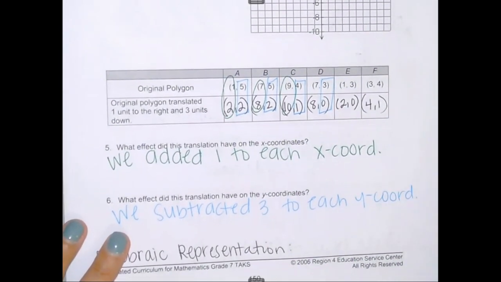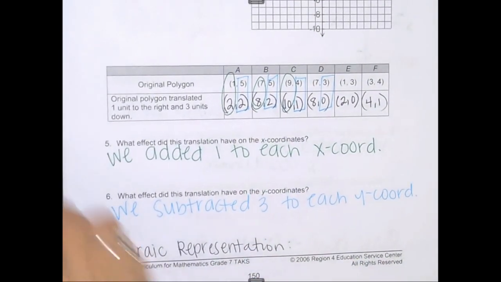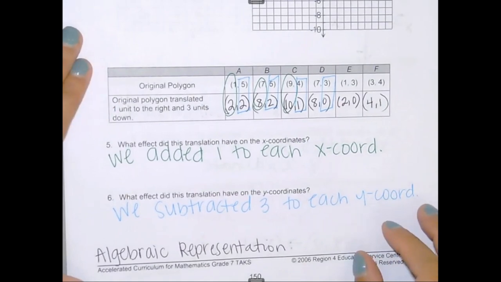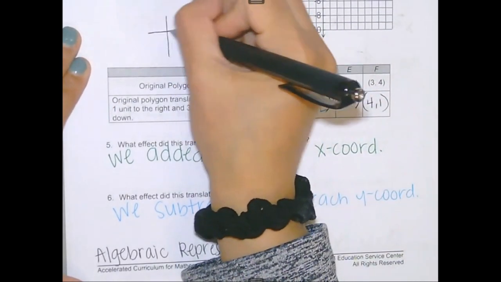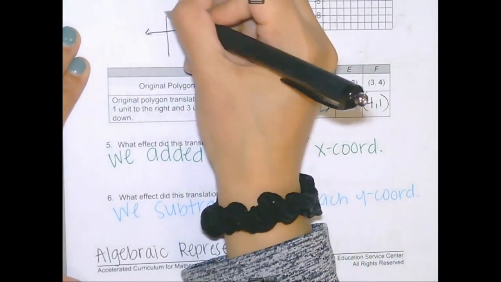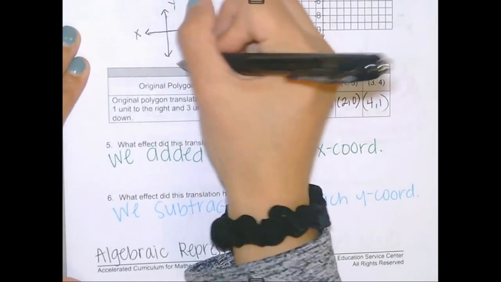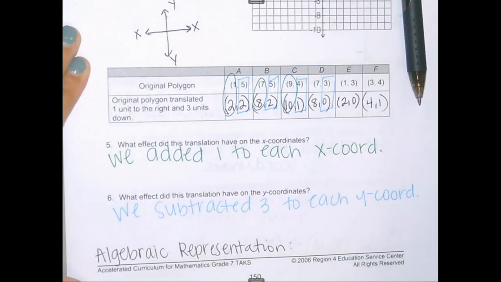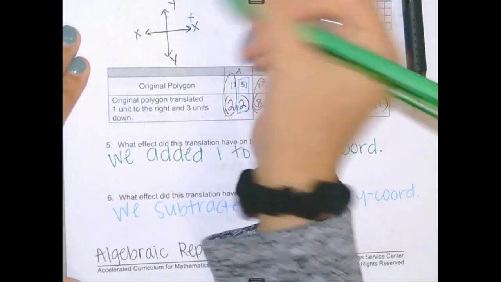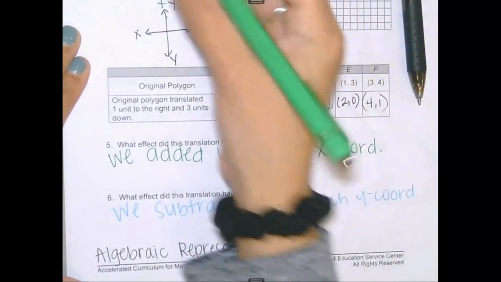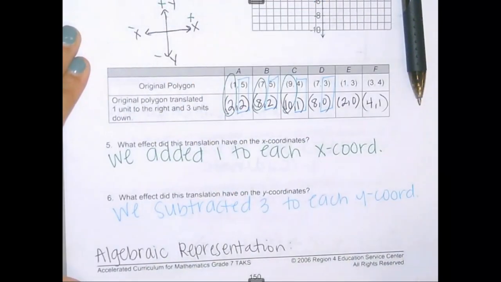Okay, so to make up my rule or my algebraic representation on this one, I'm going to think of this coordinate plane, x, y. To the right we add, up we go positive, left we are negative, down we are negative.